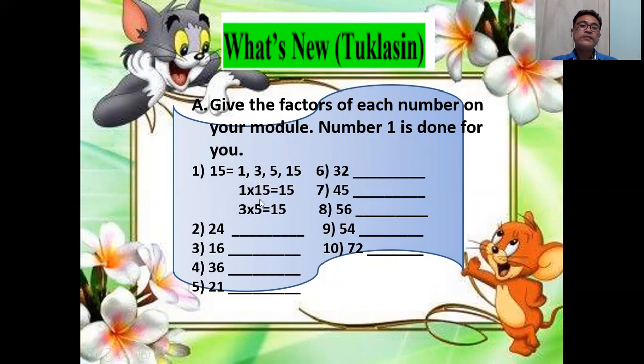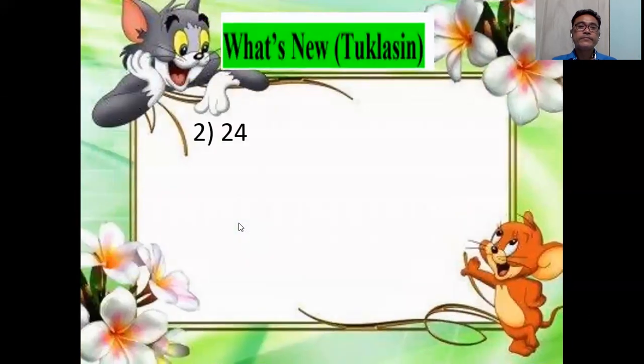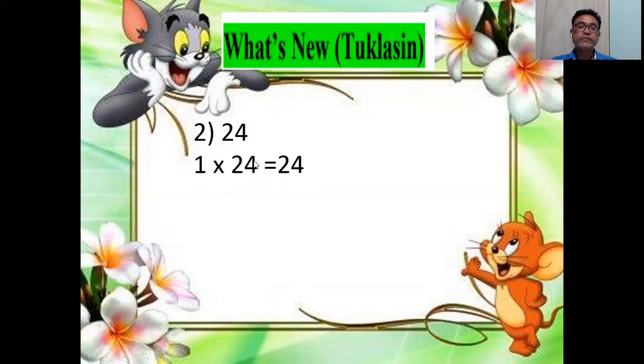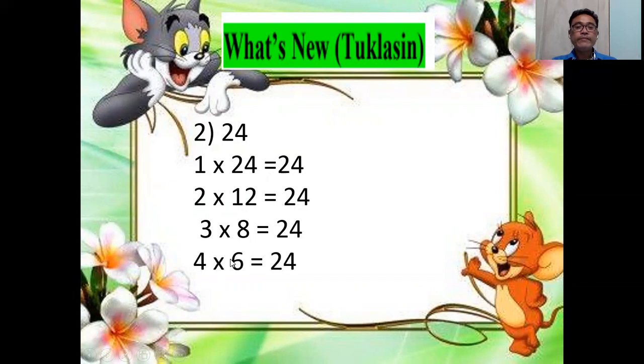Let's proceed to number 2. Number 2 is 24. Look at this. 24, we have 1 times 24 equals 24. 2 times 12 equals 24. 3 times 8 equals 24. 4 times 6 equals 24.